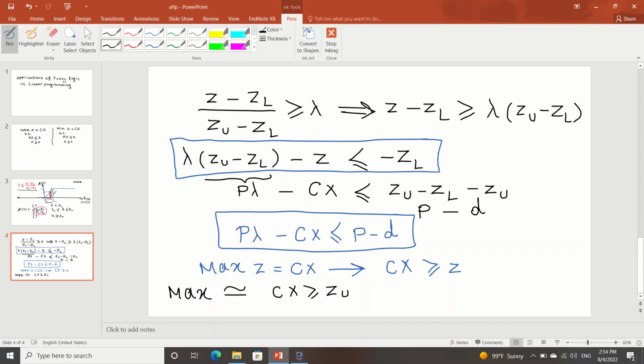Then if we assume that P equals ZU minus ZL, you can rewrite this constraint: lambda P minus Cx is less than P minus ZU.